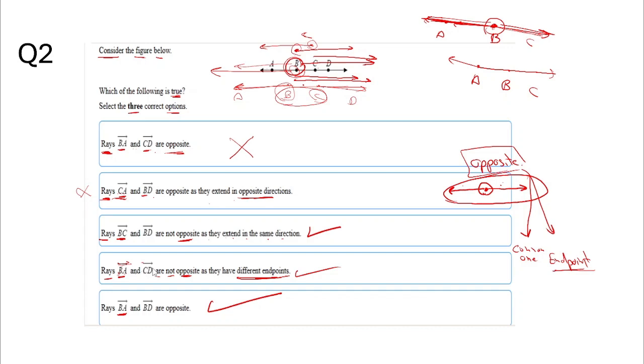And the other is they have to extend in opposite directions. If these two conditions are valid, I can say they are opposite. If one of them is not valid, I cannot say these rays are opposite, like what we saw in this example. Okay? Now let's move to question number 3.